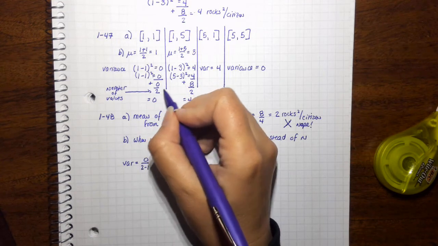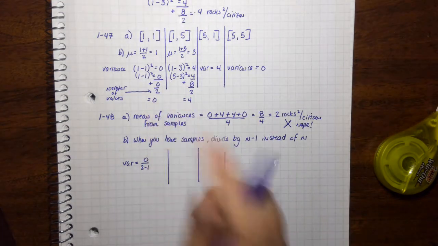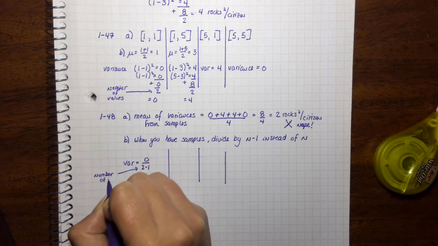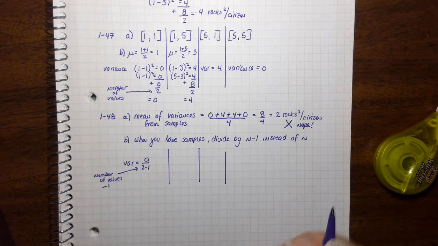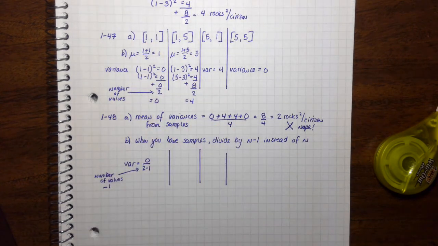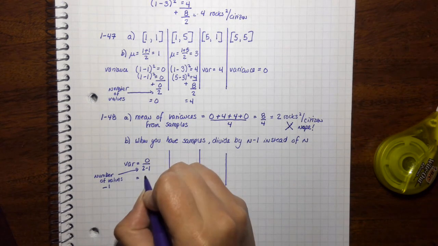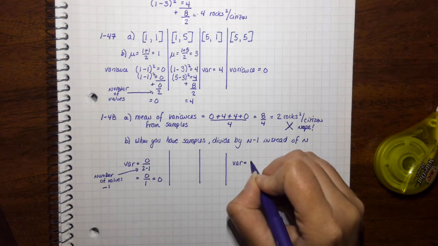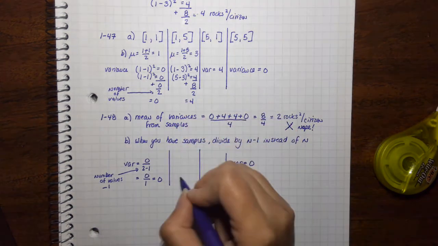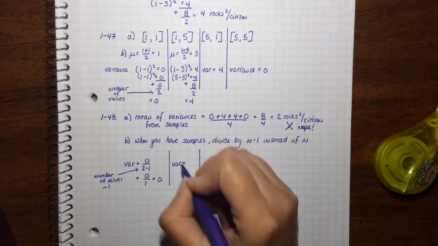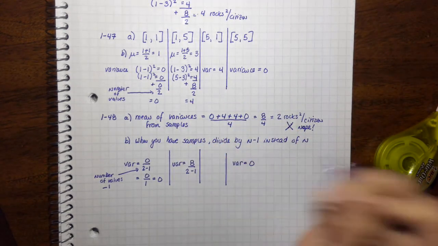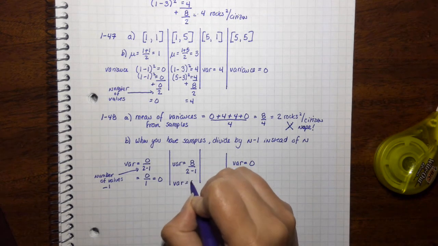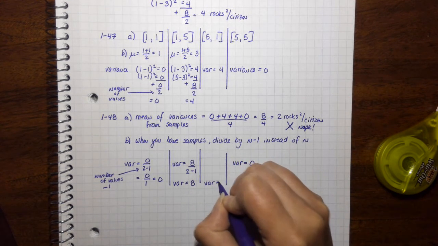So I'm looking at this part right here, and instead of number of values, I'm doing number of values minus 1. The reason I'm doing that is because I'm working with a sample, not the population. So that's 0 over 1, which is still 0, and this one over here is still going to be 0. Now for these, we have 8 divided by 2 minus 1, so that would be 8 divided by 1, which is 8. And that will be the same for this one.